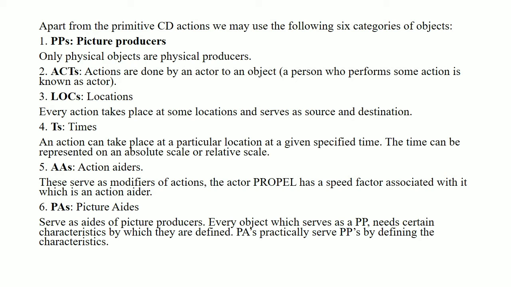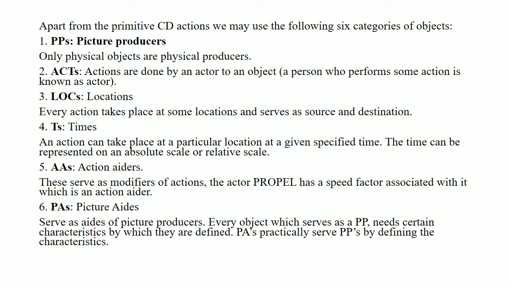When the person is very fast in driving, you are indicating some quality of the action, so that is action aiders. The characteristics of a PP, the picture producers, are considered by picture aiders, and when you explain the characteristics of an action, it is action aiders.